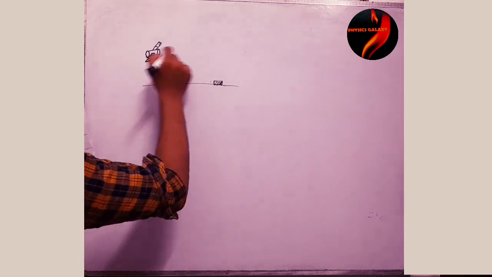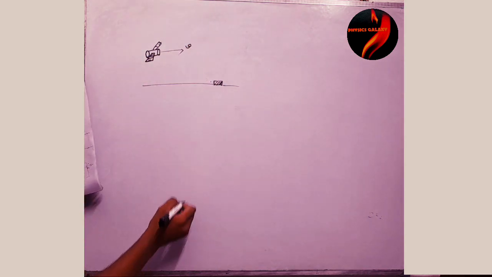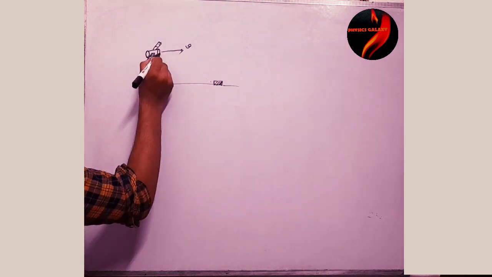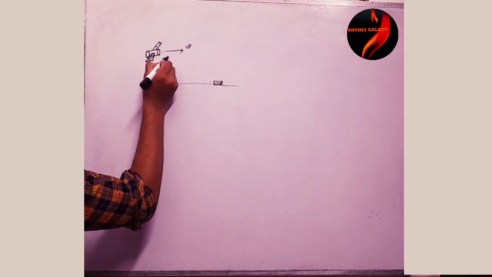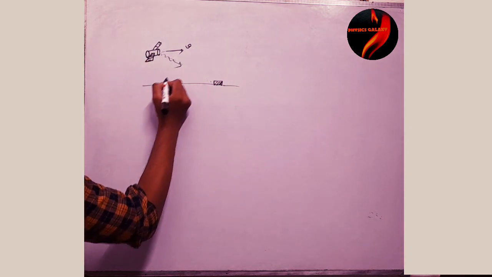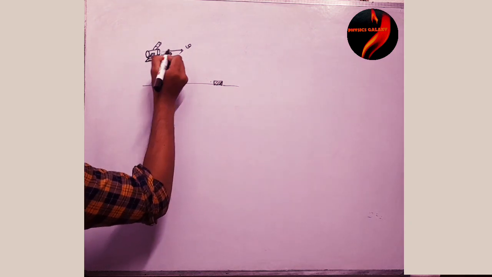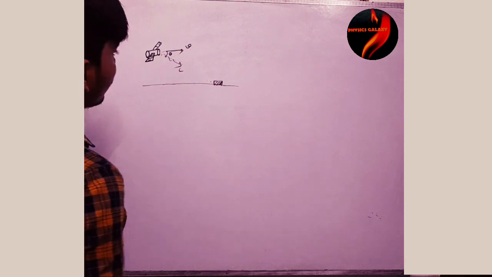This is the satellite, and it moves with velocity v along this direction, and it emits a signal towards the receptor with a speed of c at an angle theta with the direction of the velocity.